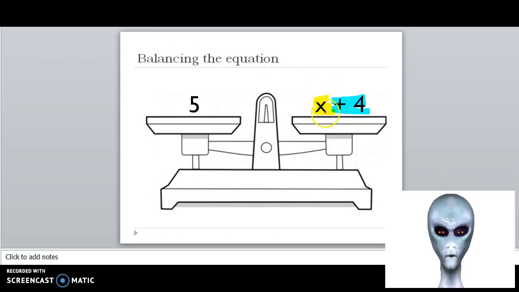In order to find my unknown, I'm going to do my inverse operation of plus 4 and do minus 4. 5 minus 4 gives me 1, which is equal to my unknown or my x value. Again, if I plug in 1 for x, 1 plus 4 gives me 5, which balances out my scale: 5 is equal to 5.